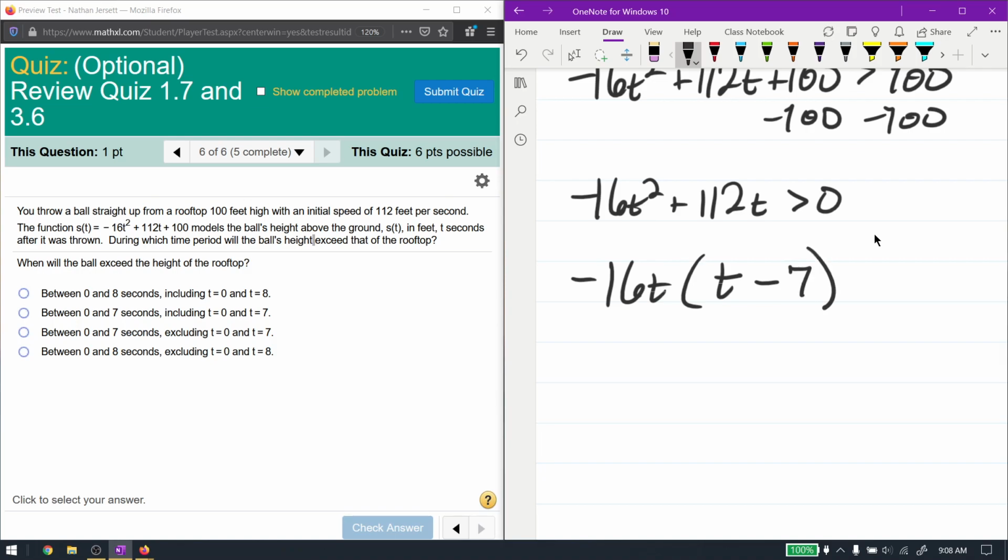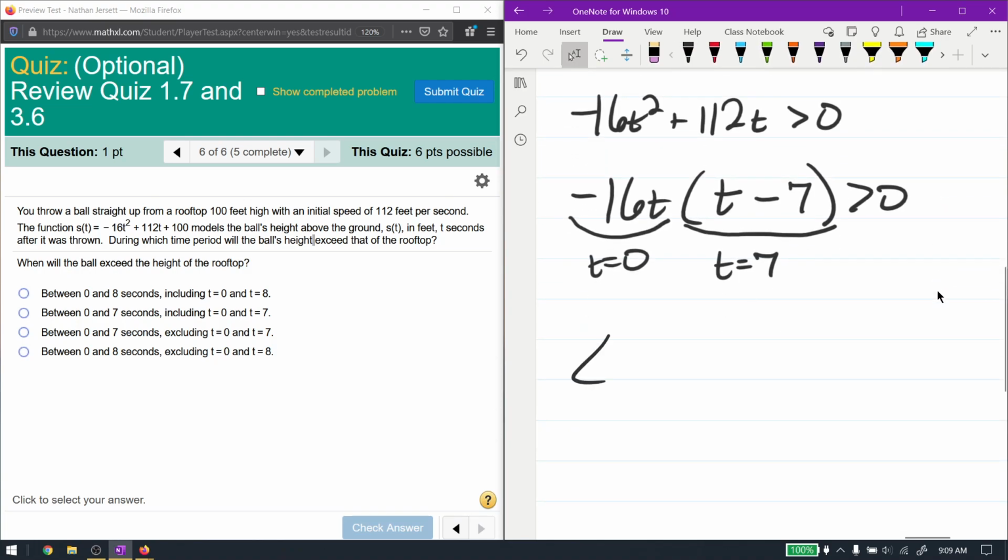Make sure that works out. Yes, okay, perfect. Greater than 0. The boundary points are when this thing equals 0, which is t equal to 0, and when t minus 7 equals 0, which is when t equals 7. So I have two boundary points, therefore 3 intervals, 0 and 7.